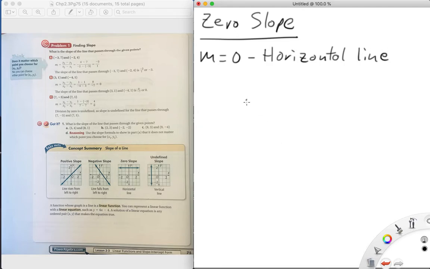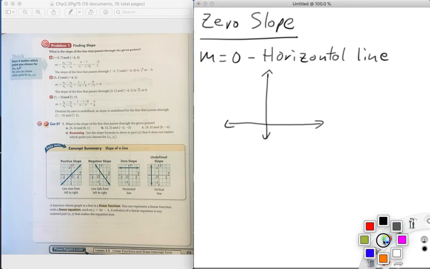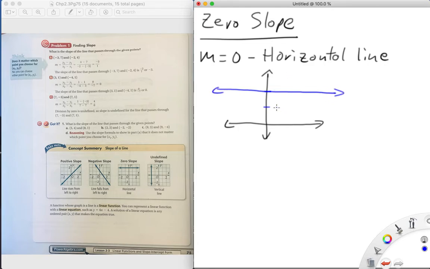When your slope is 0, that means your y doesn't change. Your y's are going to be the same number over and over again. Let's say this is 1, so say it's 2. Throughout the course of the line, your line is going to stay at 2 the whole time as a y. So this would be x1, 2.